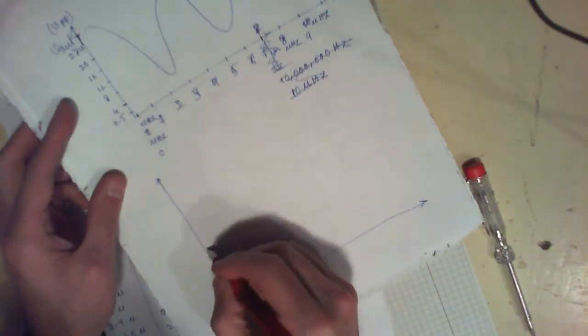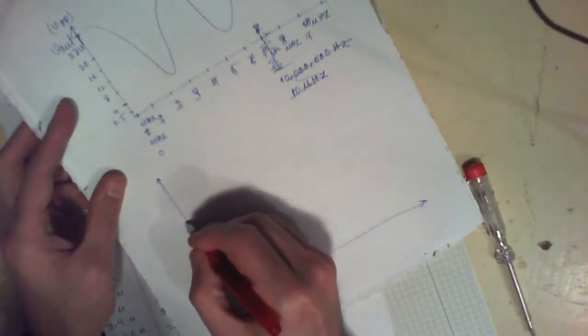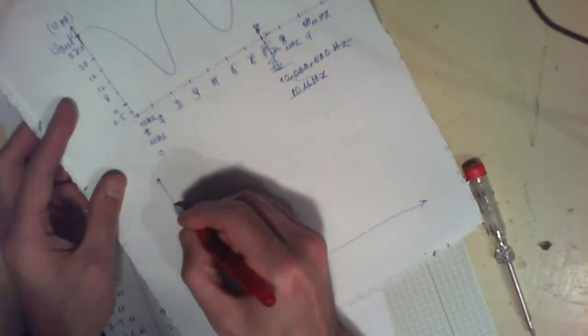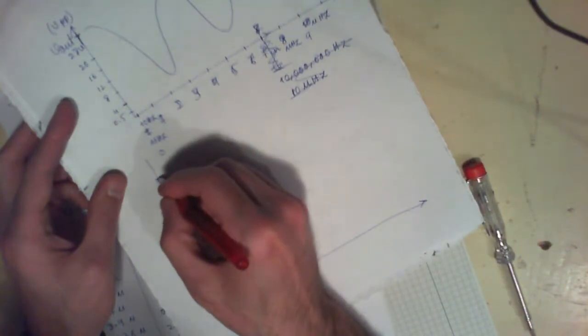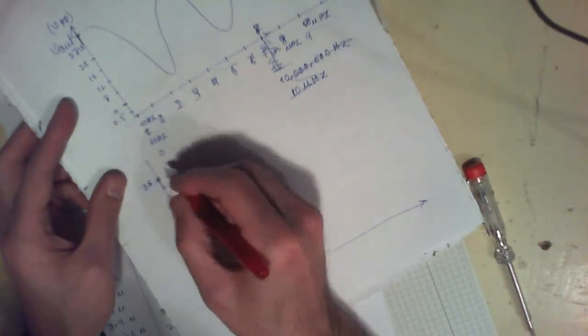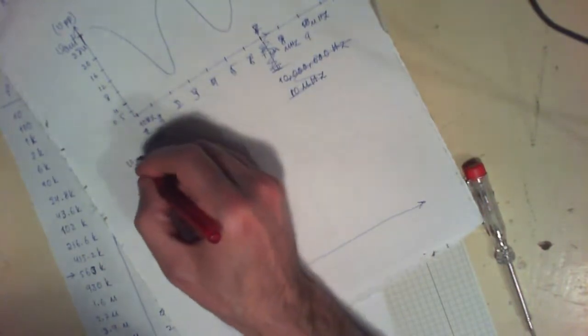I say 2, 4, 6, 8, 10, 12, 14, 16, 18, 20, 22, 24, 26, probably 28 if I haven't made any mistakes in counting, but that doesn't matter. Each of these is 2 volts peak to peak. So I have no problem here, and this thing over here is a linear scale.